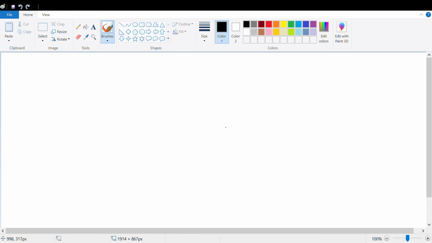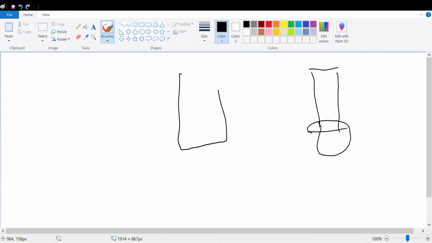Next one is density of the liquid. For this you can take the same two tubes, open on both sides, with a balloon. Wait, I'll just do it again. It was not that good.